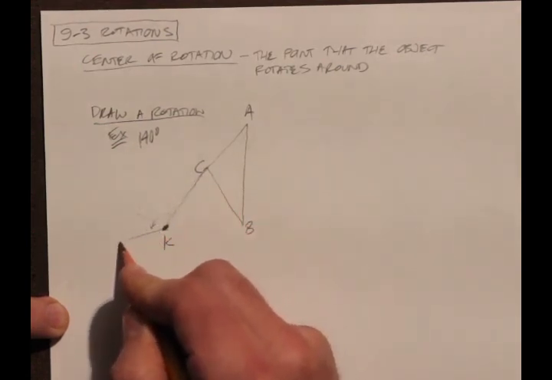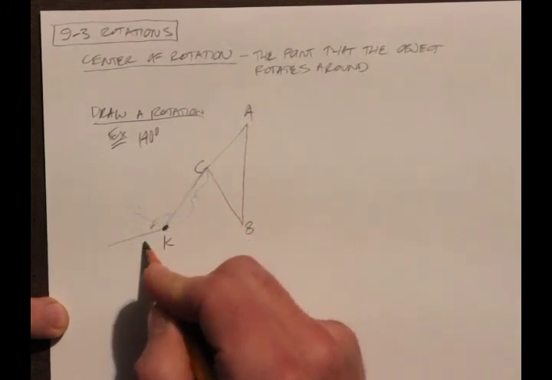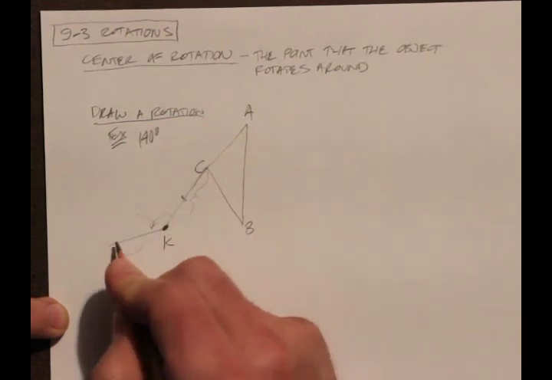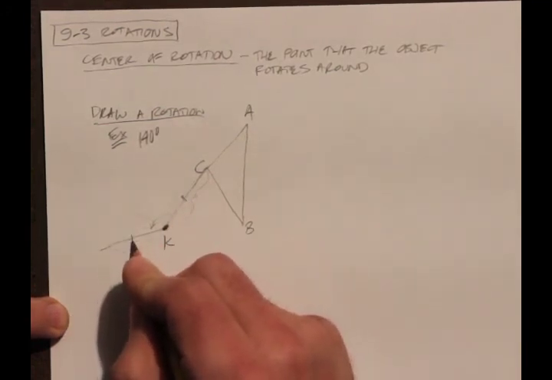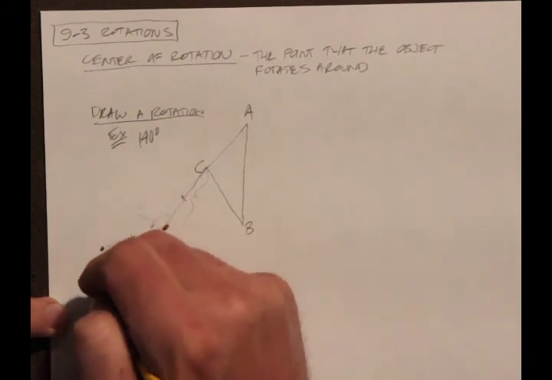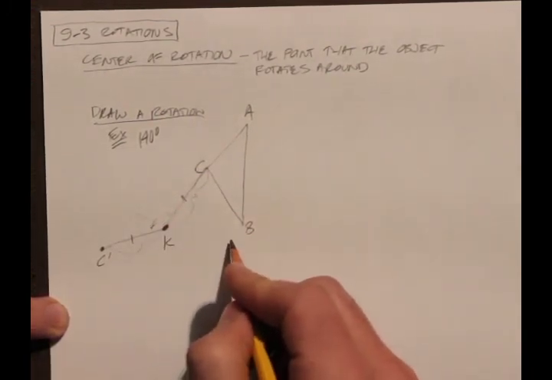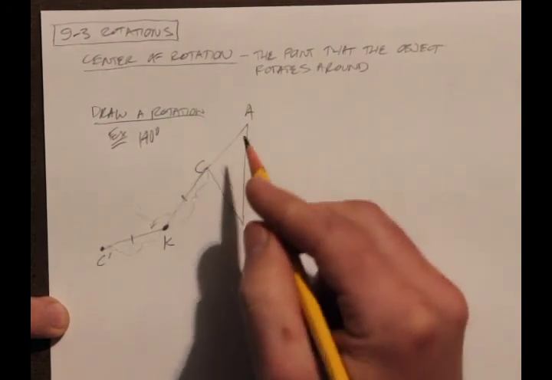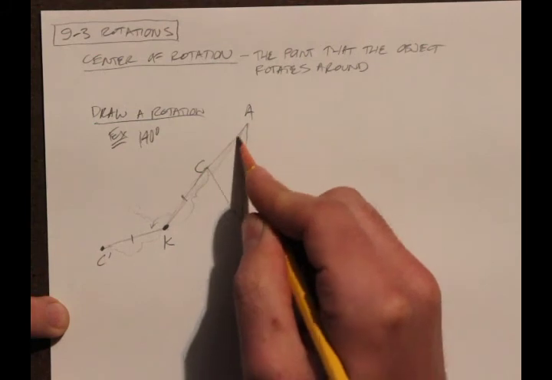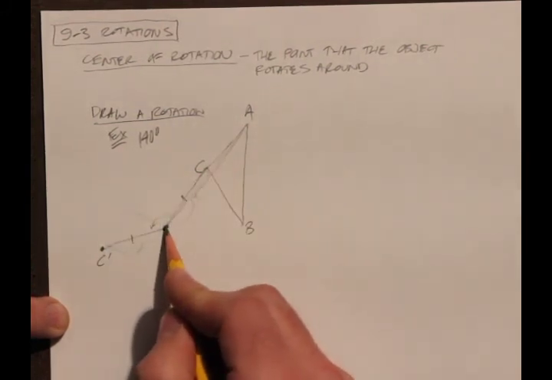And then I find this distance should be the same as this distance. So this should be same as this. So there is C prime. Now I just do the same thing for A and B. So if I draw a line here from A, and then I rotate it 140 degrees.